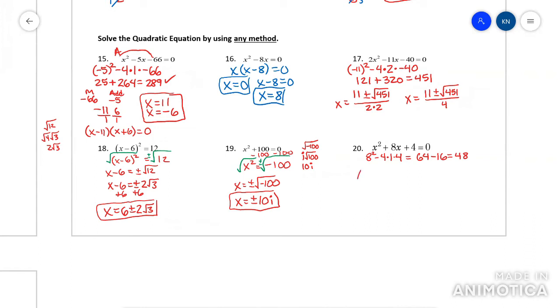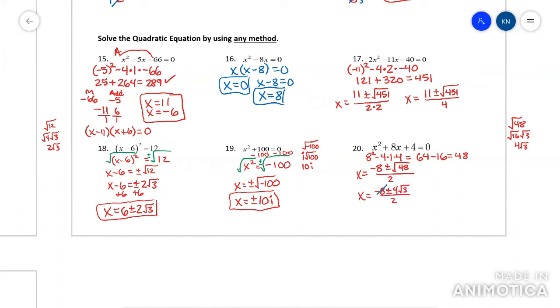So that goes x equals negative b plus minus the square root of 48 over 2 times a. A is 1, so it's 2 times 1, which is just 2. Break down root 48. Root 48 is root 16 times root 3, so that's 4 root 3. So now I have x equals negative 8 plus or minus 4 root 3 over 2.